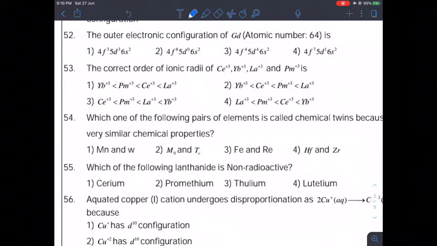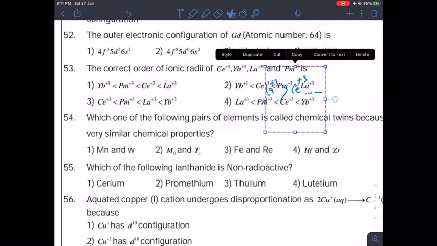So if we start from lanthanum, then lanthanum plus 3 will have the highest value of the radius. Thereafter cerium plus 3 will come, and like that it will go. So it is very regular. So what will be the correct answer? Wherever lanthanum and cerium are given together, that is this one. So the correct answer will be 1.